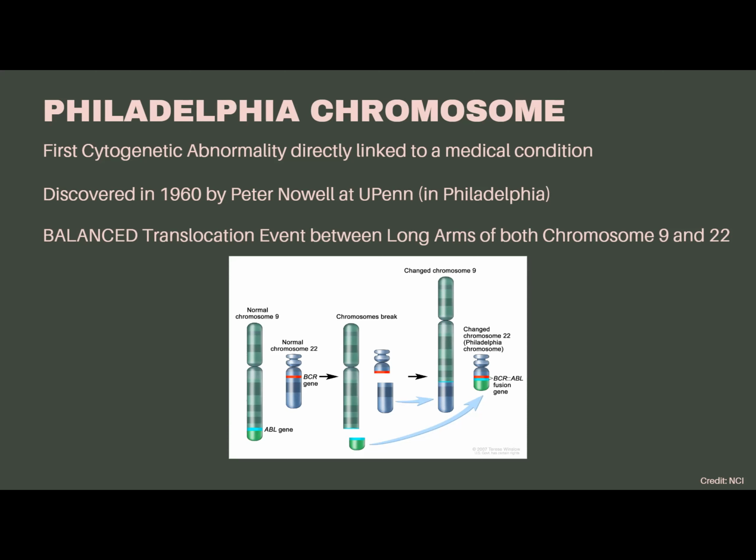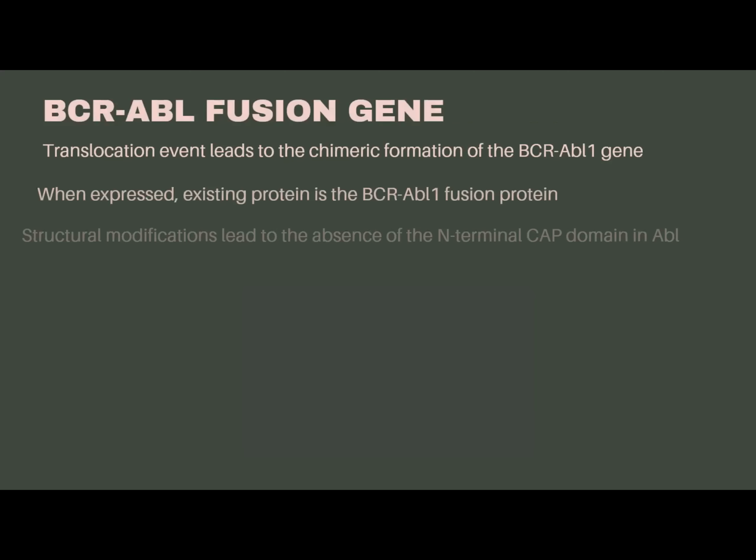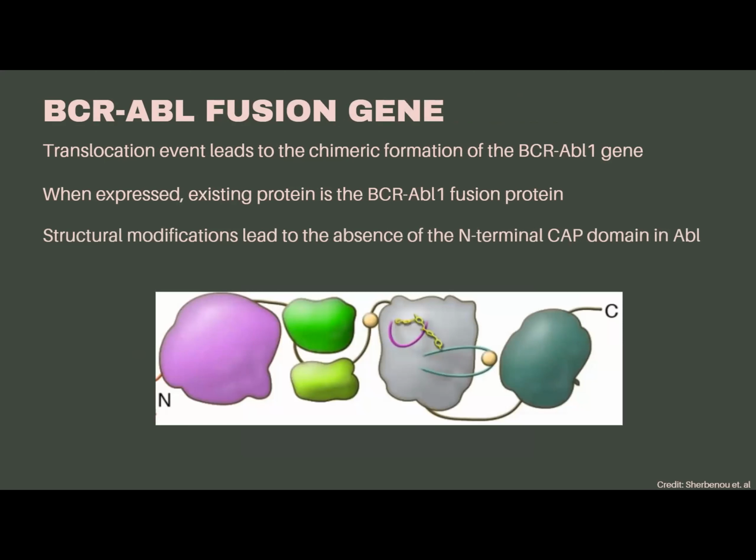Wow. So now we have a fusion gene. Remember we were talking about the myristoyl group and the conformational shifts and that sequence? Guess what? With the translocation event, there's no more cap domain. How convenient. No more cap domain. And so the translocation event leads to the chimeric formation of the BCR-ABL1 gene. What's a chimeric gene? It's a gene that's caused through a translocation event or through a mutation event, and it is expressed.